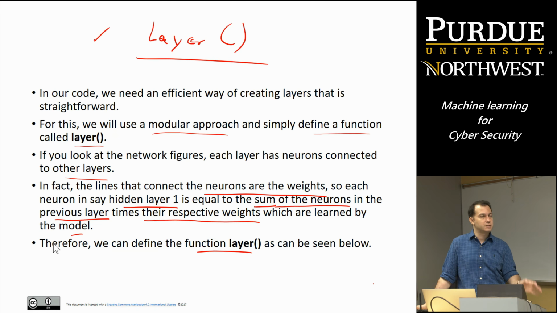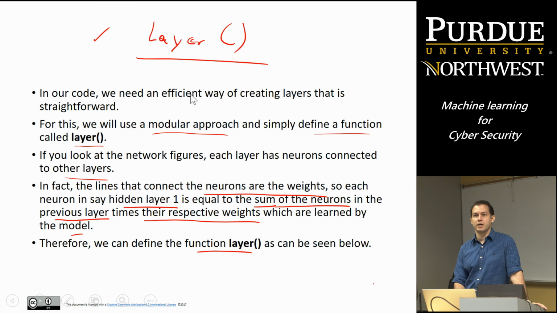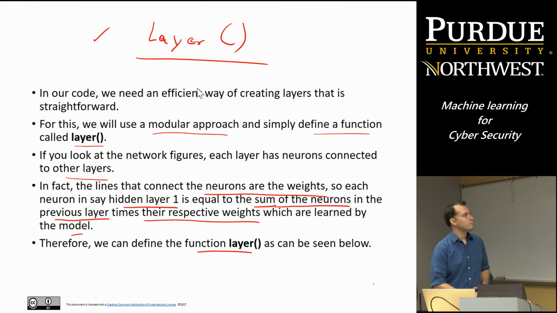If we don't use this function layer, it's just going to be more work for you, right? And so we're going to basically create a function called layer that abstracts the creation of the W, the bias, and that W equal mx plus b through the ReLU function. So all of that is going to be the contents of the function layer.